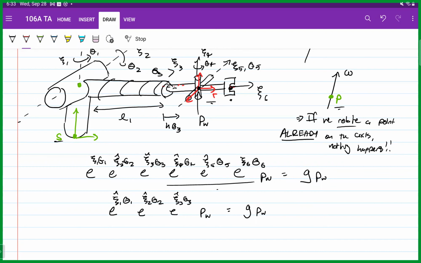So we can treat a screw joint as a prismatic joint only if there's a rotation. Not quite. We're saying that this e to the xi3 theta 3 is going to take care of both that rotational and translational motion for us. But the fact that some rotation is occurring might affect the number of solutions that we have.